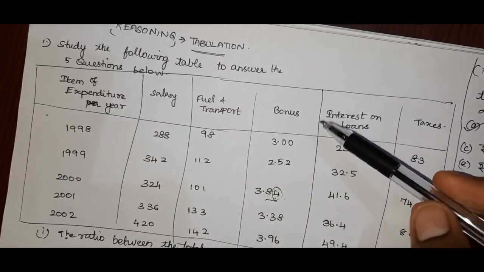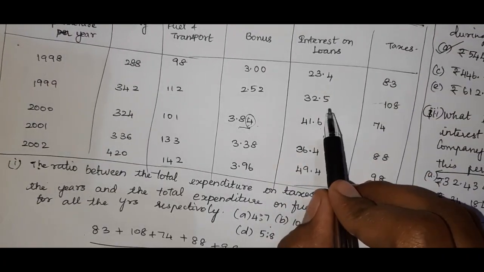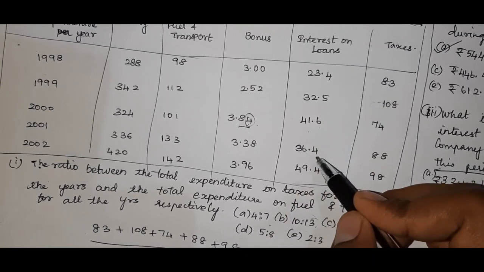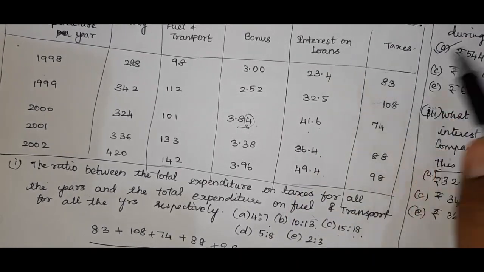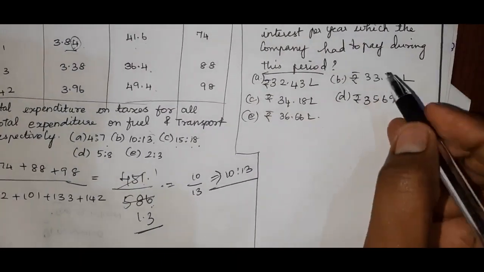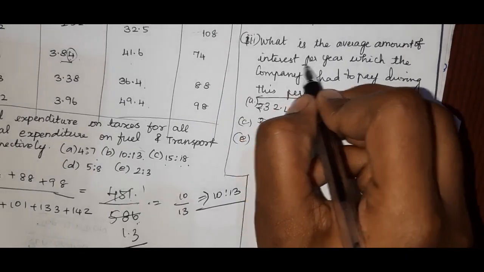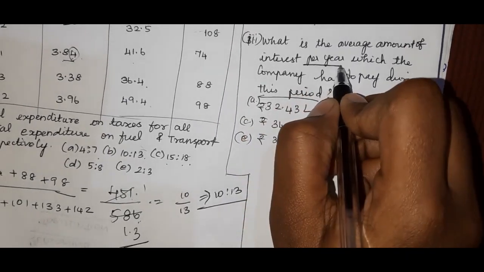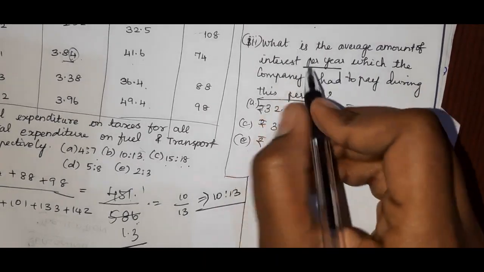So we have to add all the interest amounts: 23.4 plus 32.5 plus 41.6 plus 36.4 plus 49.4. We have to concentrate on this phrase, interest per year, which means they are asking for each year. So we have to divide the value added by 5.